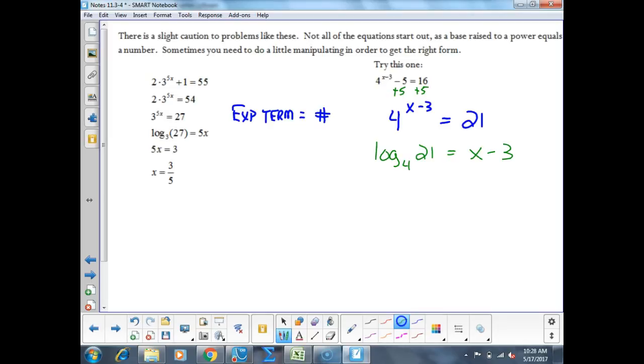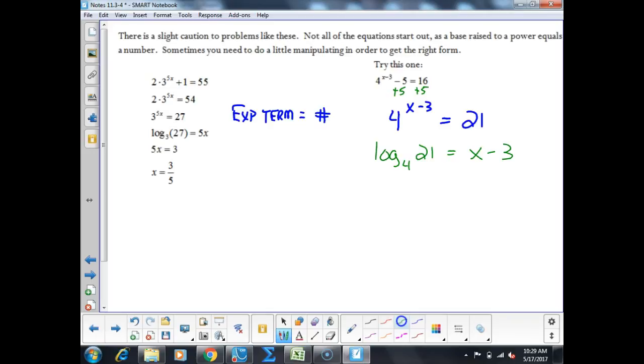Figure out what log base 4 of 21 is, right? Okay, so on your calculators now, figure out for me what log base 4 of 21 is. Logic tells me that it should be bigger than 2, right?